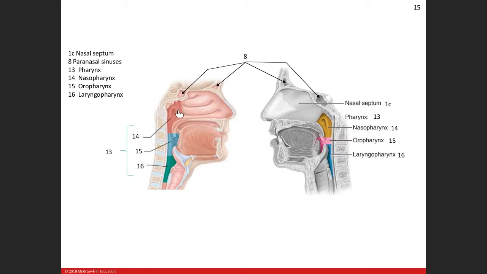The part that's posterior to the nasal cavity is the nasal pharynx. The part of the pharynx that's posterior to the oral cavity, that's the oral pharynx. And this part I haven't talked about, but this is the laryngeal pharynx because it is going to be around your voice box, your vocal cords, larynx. So those are the three parts that make up your pharynx overall. You can see it over here too.